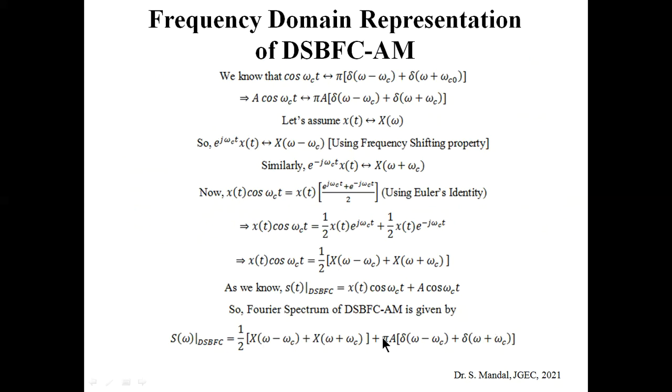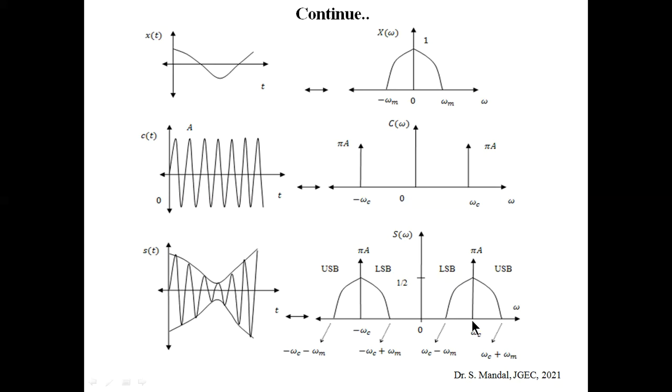For the carrier there are two impulses located at ωc and minus ωc, and the amplitude will be πA. So you can see that at ωc there is an impulse, and at minus ωc there is also an impulse whose amplitude is πA. All these denote the frequency spectrum of the modulated wave. Okay, so it is quite clear now.